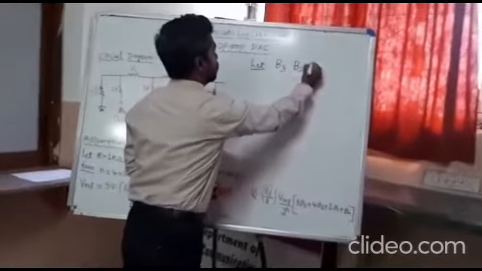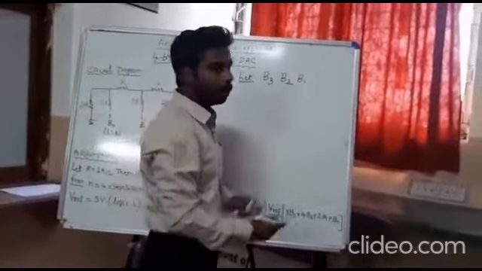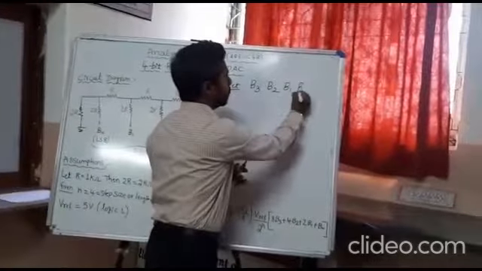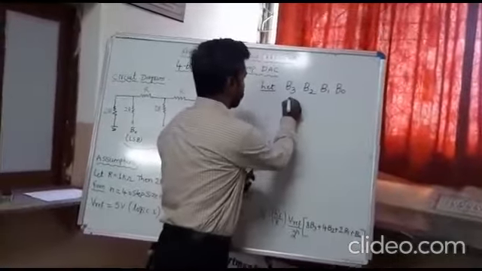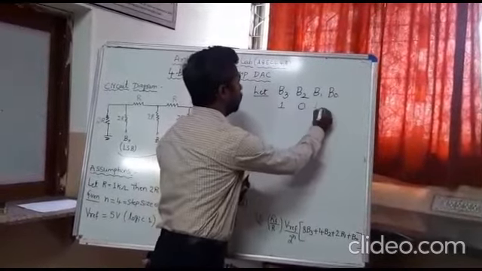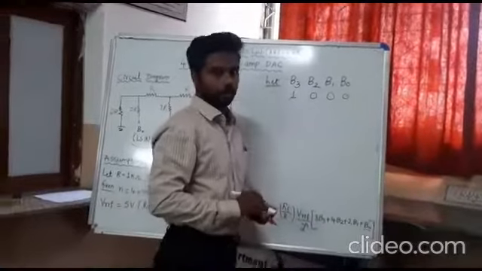The representation of the digital input is like this: B3, B2, B1, B0. For the time being, I will be considering 1, 0, 0, 0 as my digital input.